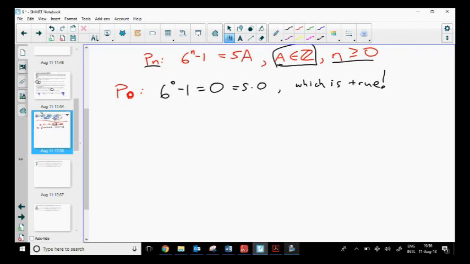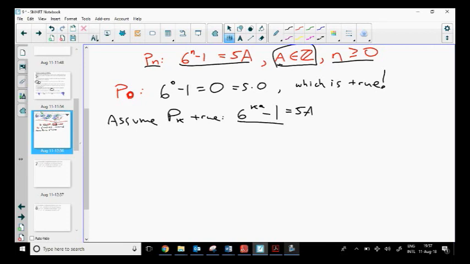Next, I'm going to assume. This is the weird part. I'm going to assume that p sub k is true. And I'm even going to write out that 6 to the k minus 1 is equal to 5a. And it's weird because I just wrote down this same statement again a second time, just using a different letter.